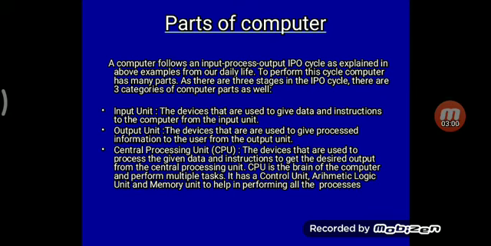It has a control unit, arithmetic logic unit and memory unit to help in performing all the processes. So students, CPU is the brain of the computer because all operations are performed by the CPU.